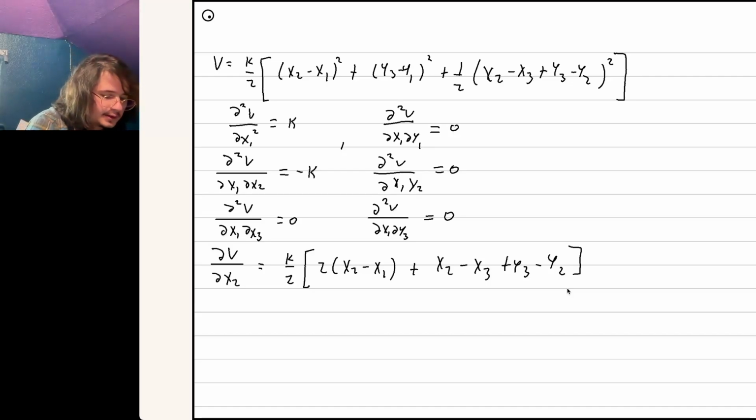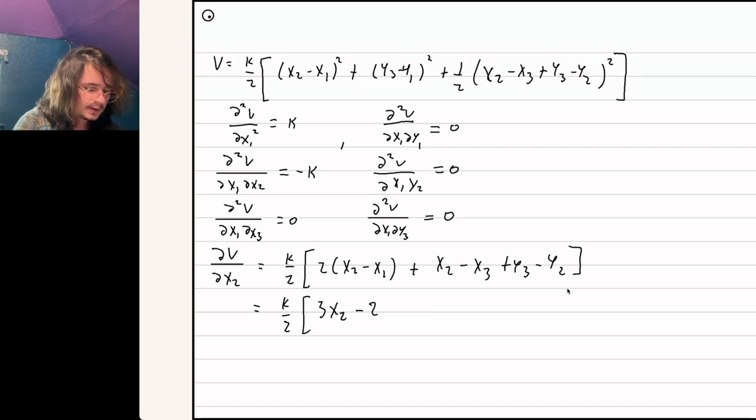And I'll even simplify that: 3x2 minus 2x1 minus x3 plus y3 minus y2.